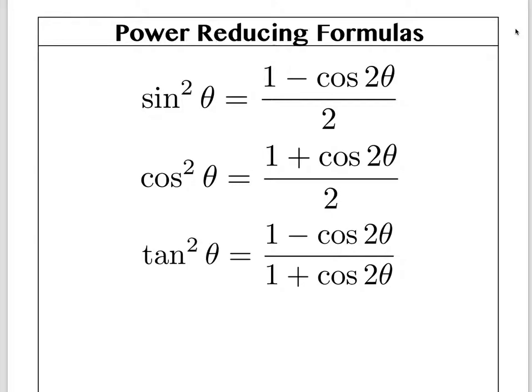You're taking it from the square and turning it into something that's not a square. So you're taking it from the square to the power of 1. So that's why it's called power reducing.